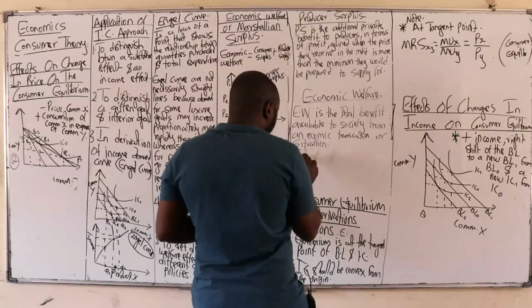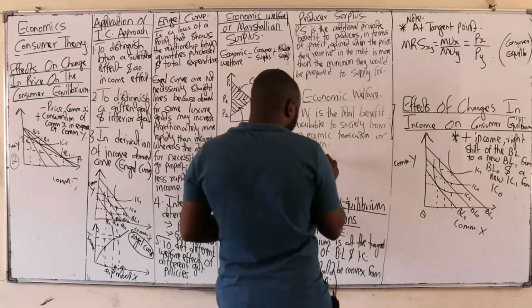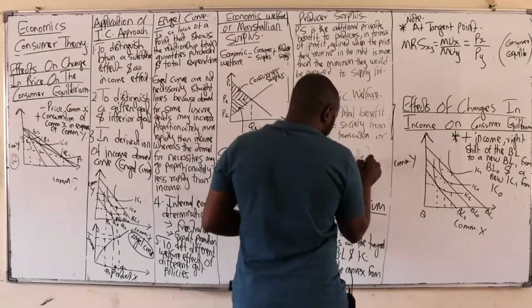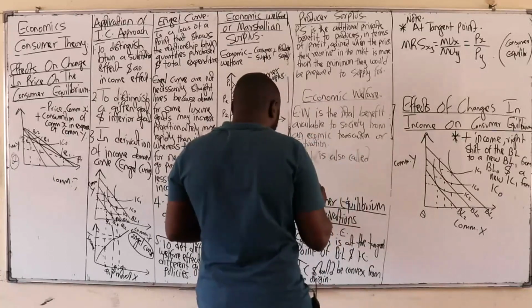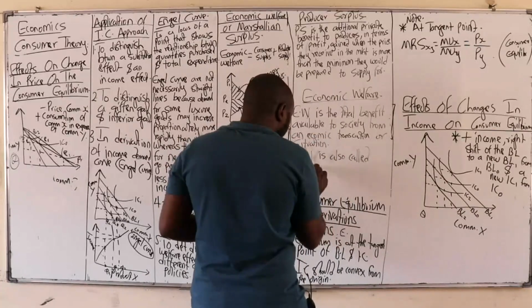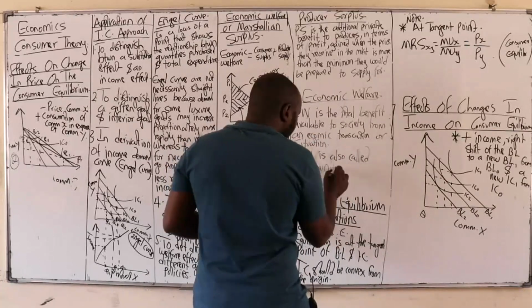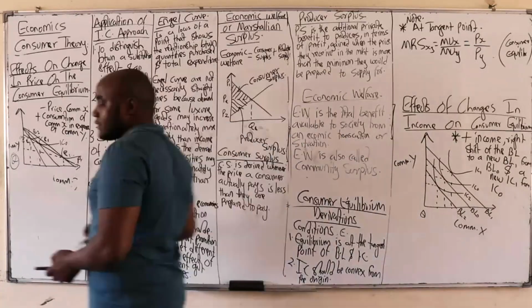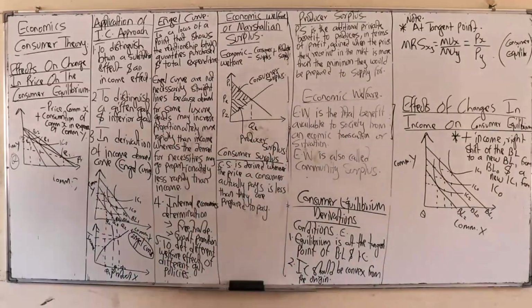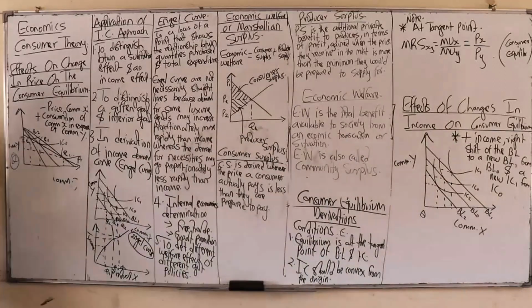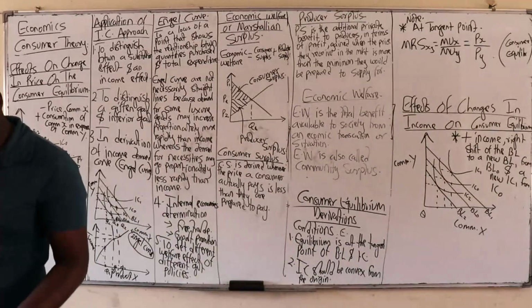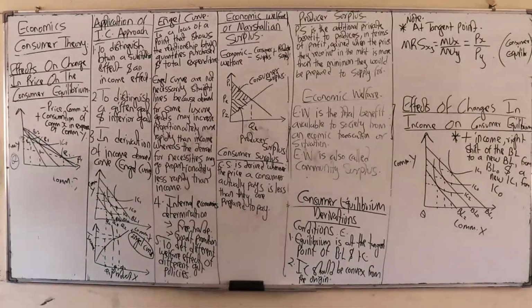So economic welfare is also called community surplus. It's also regarded as the community surplus.